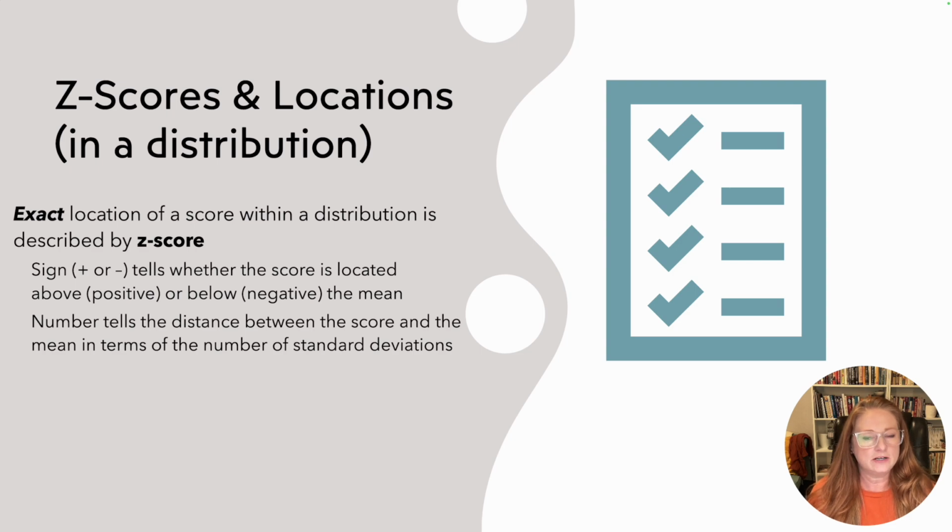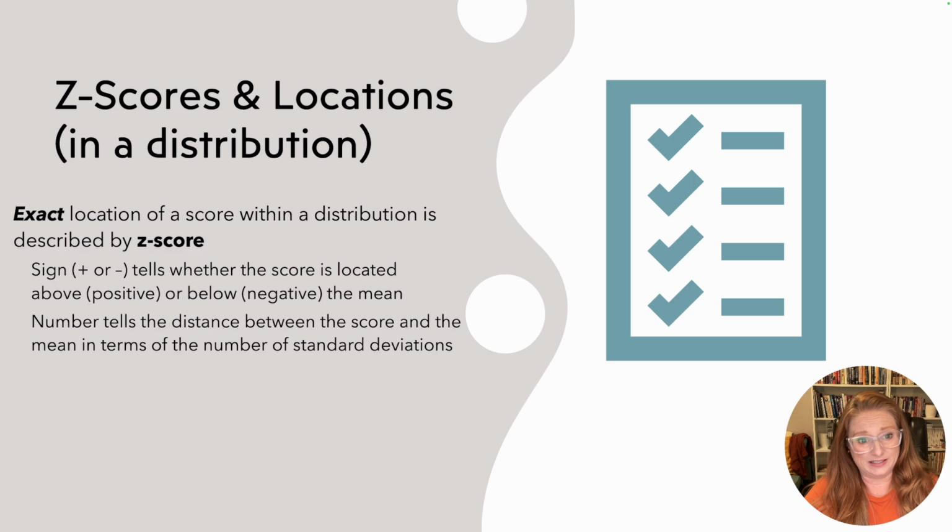Z-scores are usually going to fall between 0, being perfectly average, and 4. Yes, they go on to infinity, but realistically, you're never really going to see one above plus or minus 3. So the sign tells you whether the score is above or below the mean.